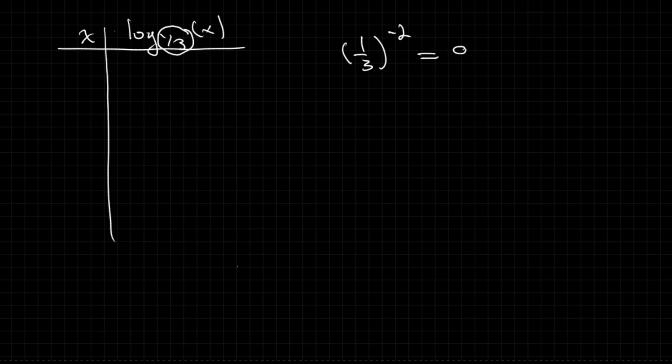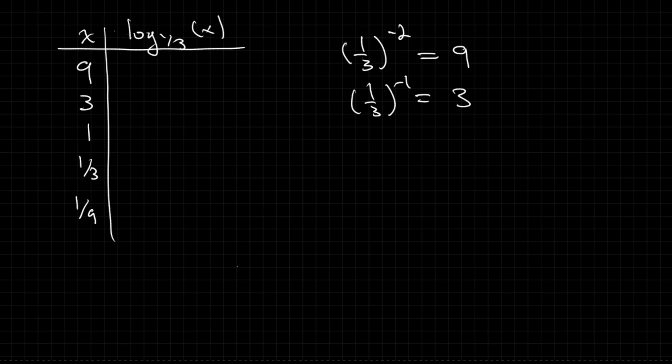This ends up being 9. So 9 is going to be one of my x values. 1/3 to the -1 is going to be 3. And I'll let you work out the details of figuring out that 1, 1/3, and 1/9 are also x values that you can choose.